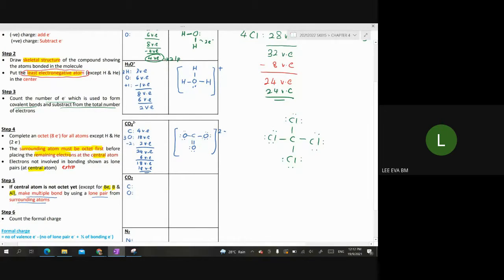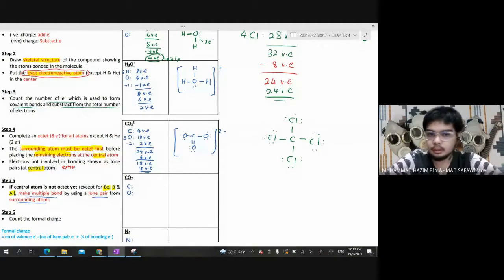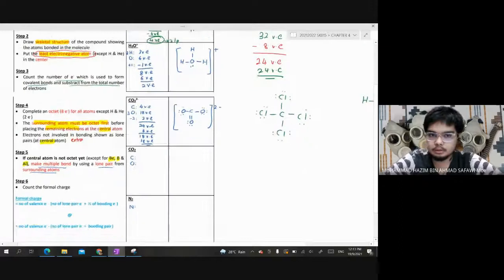So now oxygens are all octet. 2, 4, 6, 8, 2, 4, 6. Every oxygen is octet. Carbon also octet. 2, 4, 6, 8. Remember, 1 line, 2 electrons. So now this is your structure for CO3 2 minus. Any questions? Madam, so we can actually choose any of the oxygens, right? Yeah.